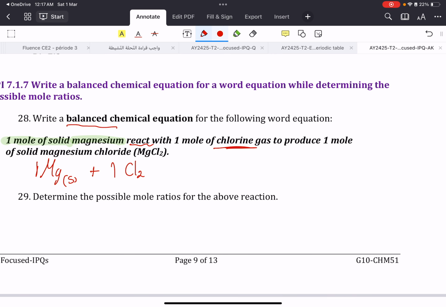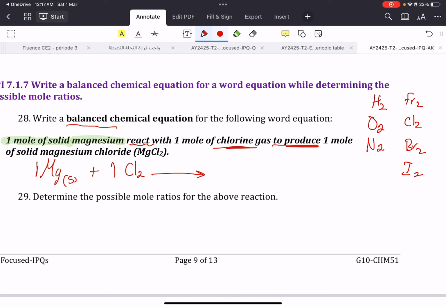In the periodic table, there are only 7 molecules that take the number 2 next to them. And they are hydrogen. Whenever they tell you hydrogen, you write H2, never H. Oxygen, nitrogen, and then the elements in group 17, all of them like F2, Cl2, Br2, and I2. So magnesium reacts with 1 mole of chlorine gas to produce.